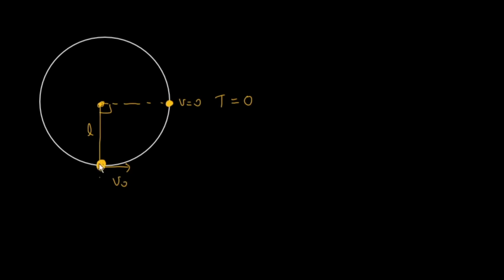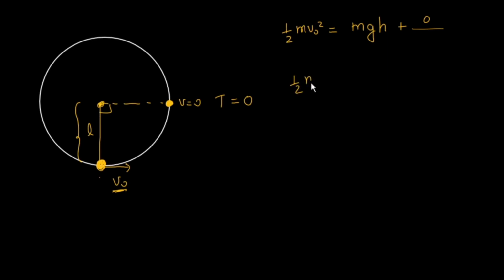Then what will be the v naught that must be given so that this happens? That means what minimum velocity should you give? This v naught should be something so that it reaches exactly here. To find that, you can again conserve energy and write initial energy, that is half m v naught square, will be equal to m into g into the change in height plus the kinetic energy, but kinetic energy is 0 here because the speed is 0. And the change in height is L itself.